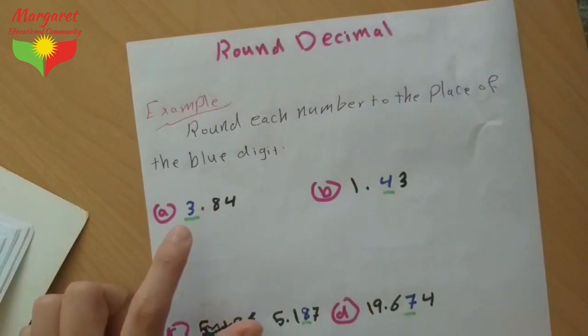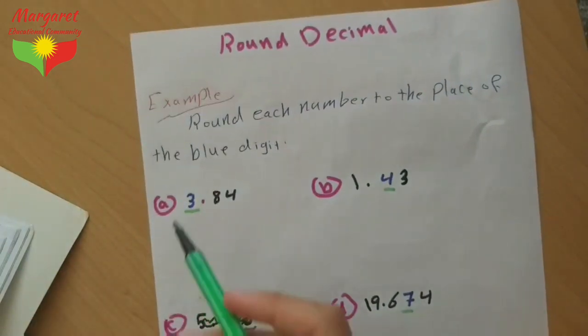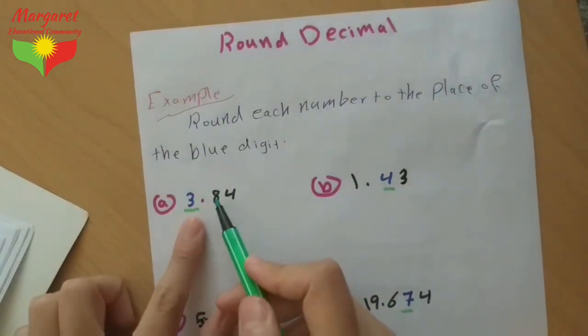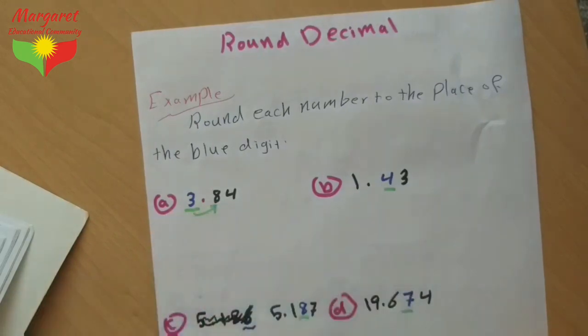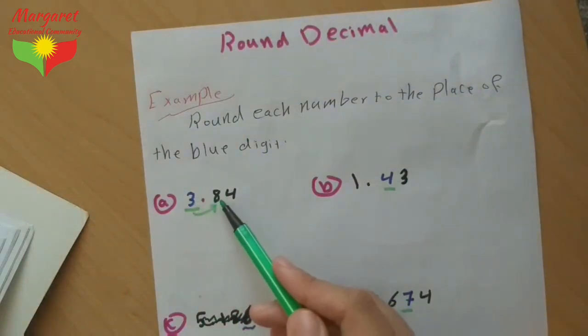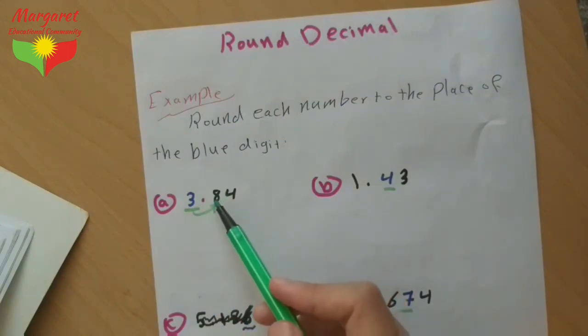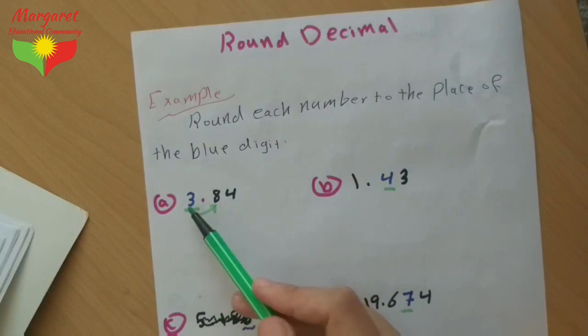We have 3.84, hundredths. To round number 3 you must look at the digit on the right. We have number 8. If we have a digit less than 5, it stays the same number and we cut from here. If the digit is greater than 5, this number you want to round is increasing by 1.